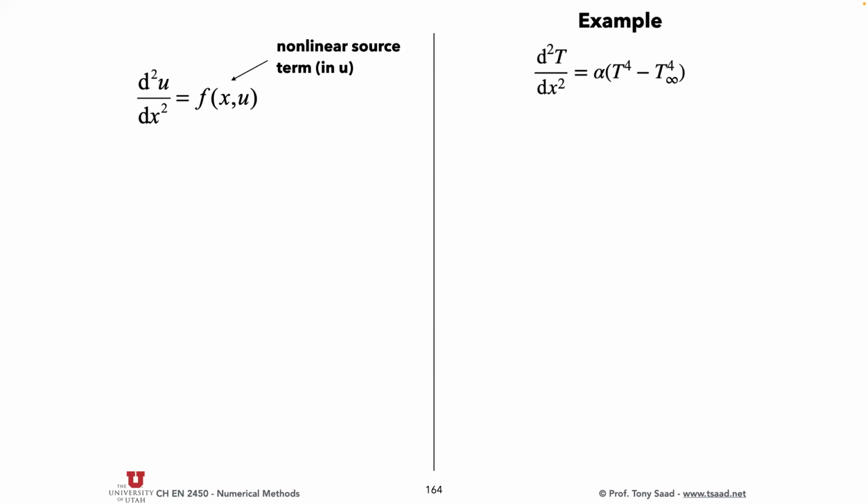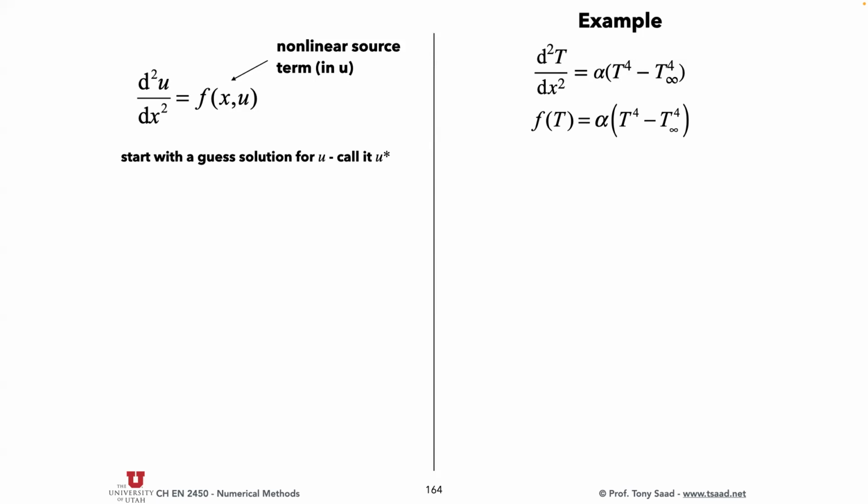For our problem, we had d2T/dx squared equal to alpha times T to the 4 minus T infinity to the 4. T infinity to the 4 is a non-issue. It's a constant, but it's T to the 4. That's the problem. In this case, our ODE example, the right-hand side is only a function of T, the dependent variable, temperature, not x, and that's f of T. So follow this very clearly.